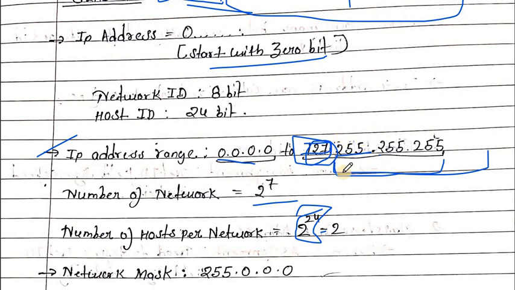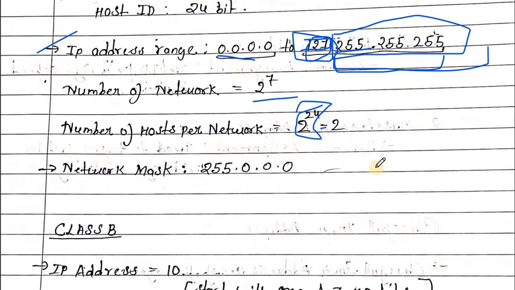We learned in the previous class that if in the host ID field all bits are 1, this IP address is called the broadcast IP address, and it cannot be the IP address of any host. If in the host ID field all bits are 0, then this IP address is called the network address, and it cannot be the IP address of any host.